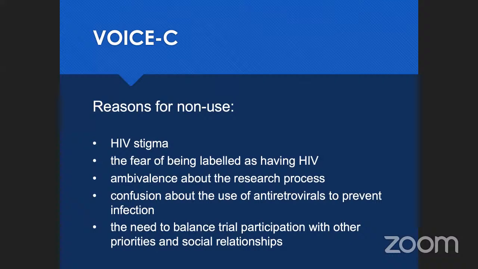The reasons for non-use according to that qualitative study were HIV stigma, the fear of being labeled as having HIV, ambivalence about the research process with confusion about the use of these antiretroviral therapies to prevent infection, and also the need to balance trial participation with other priorities and social relationships.